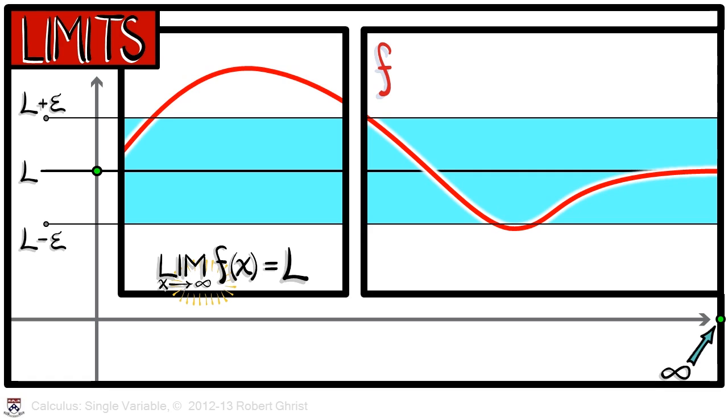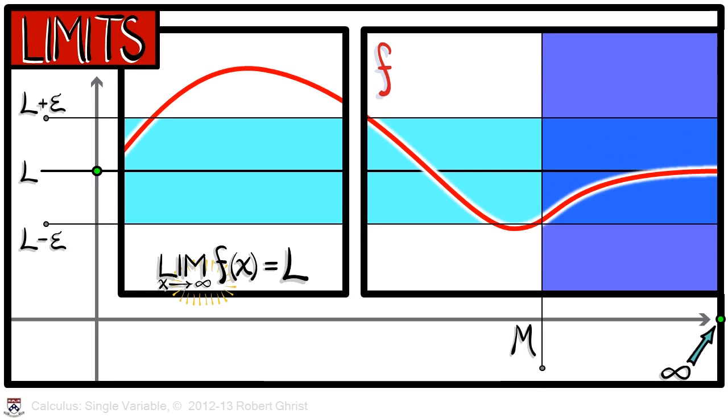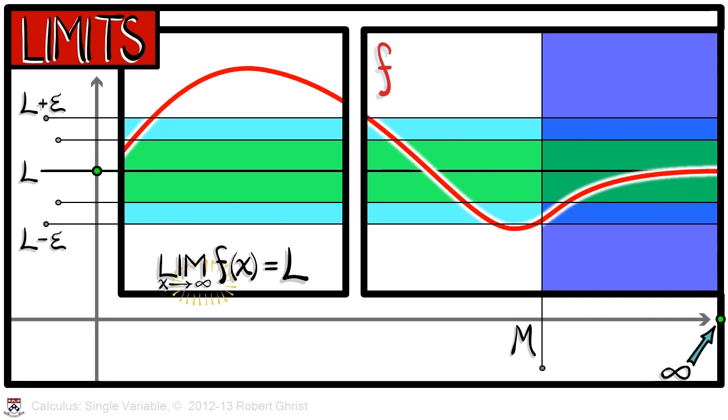Now, how do we take a neighborhood of infinity? How do we talk about a tolerance on that input? Well, what it becomes in this context is some lower bound m, so that whenever your input is greater than m, then your output is within epsilon of L. As before, this must be true no matter what epsilon you choose.